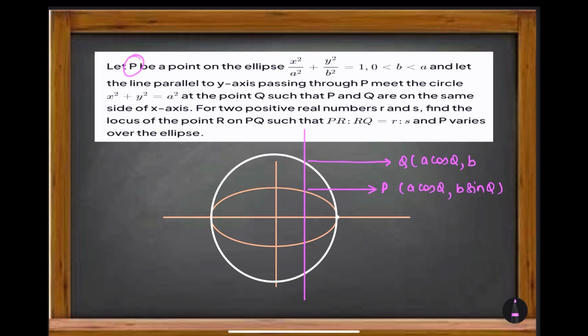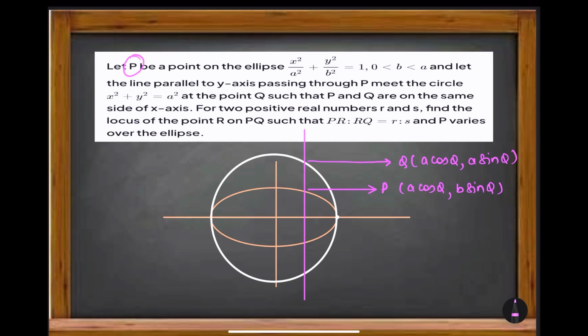Not b, but a sin theta. Correct? Like the parametric coordinate on a circle was (a cos theta, a sin theta). So I have used the same thing. Okay, so these are the points P and Q on that line.